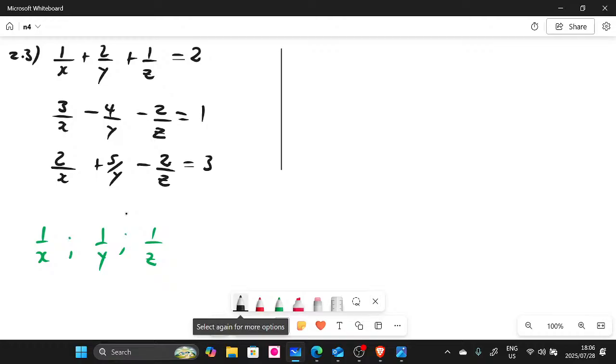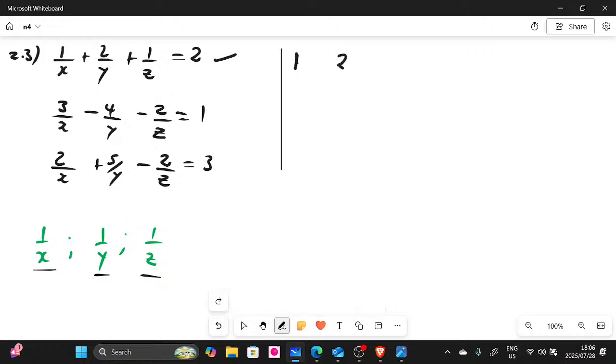You only take the coefficient of these on each equation. Equation 1 represents the first row. So we must take the coefficient of 1 over x, which is just 1. Then we go to the next column. The coefficient of 1 over y is 2. Do you see this 2? If you multiply it with 1 over y, it's gonna be 2, right?